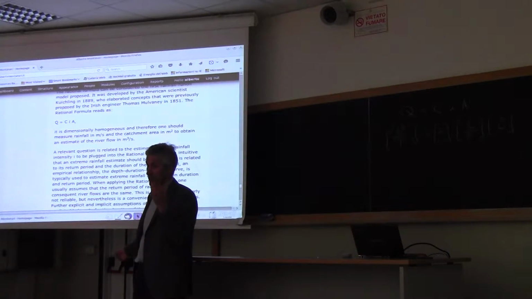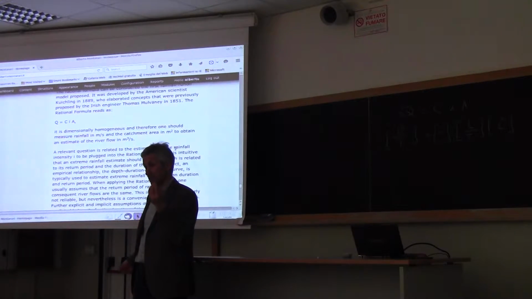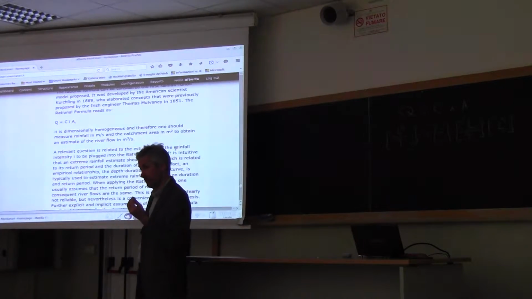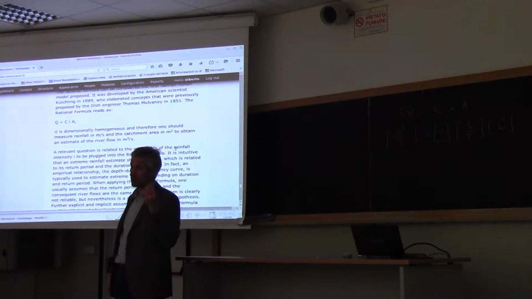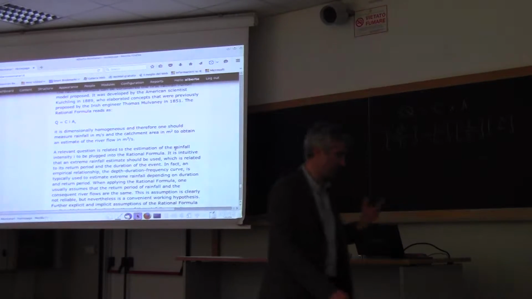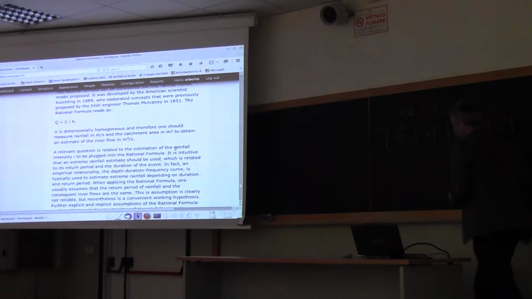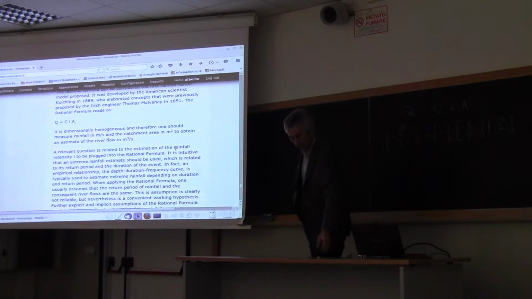But it's not credible that this rainfall intensity contributes over the whole area to the river flow at the same time. So it wouldn't be reasonable to plug in a very short rainfall intensity. In order to make this concept clearer, let me make a sketch.